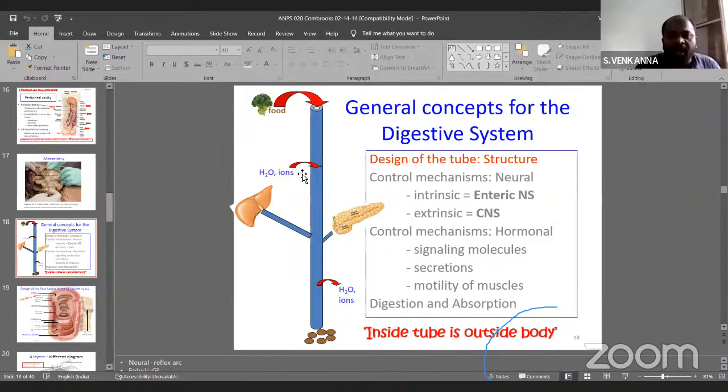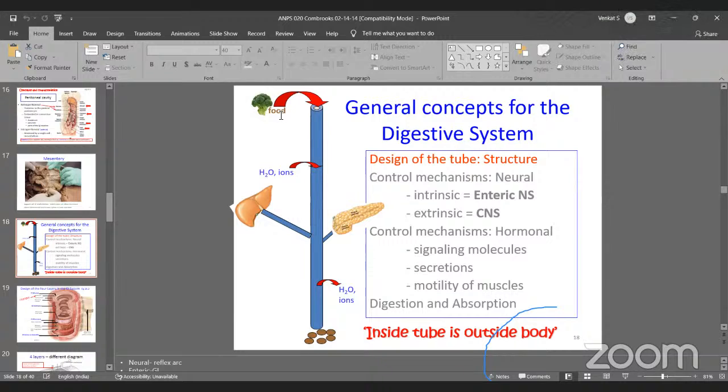So this is the simple mechanism. Once again, observe.